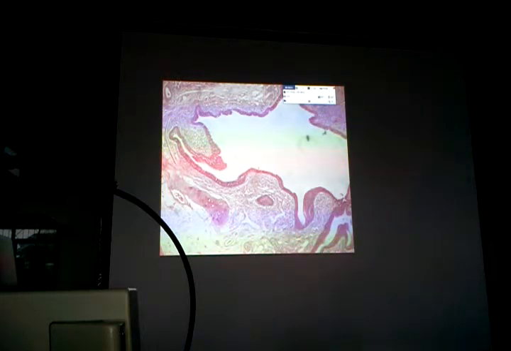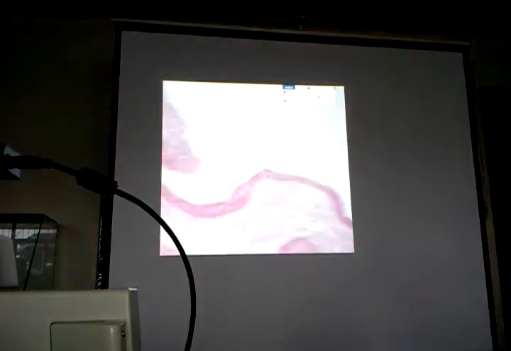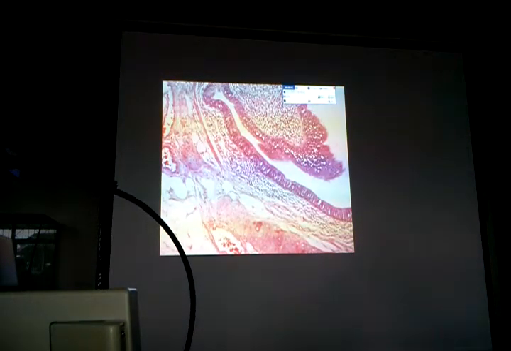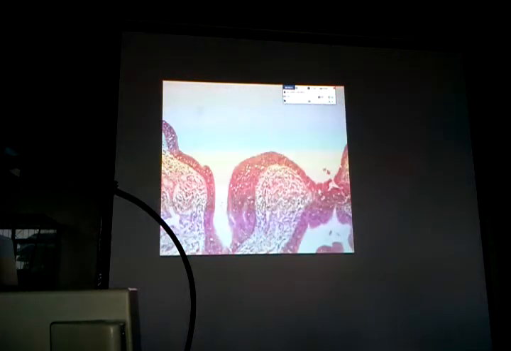How will you call that tissue? Hyaline cartilage. And then in the wall, we see many black dots. Those are the mononuclear inflammatory cells, indicating that the bronchi are also chronically inflamed.